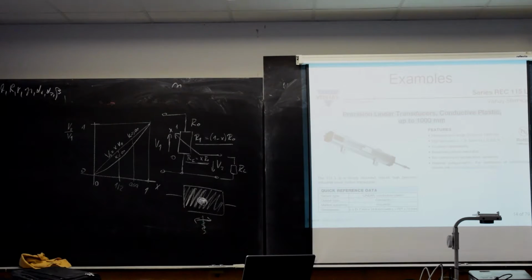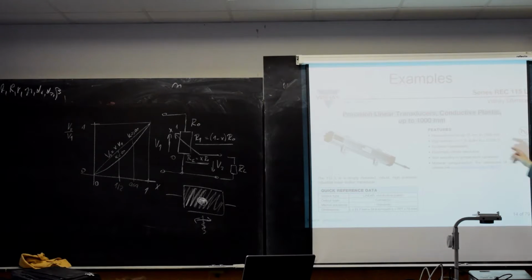So that's the sensor itself. It's attached to a frame, and this is the slider that is attached to some part that I want to sense the position. The output is three terminals, so I will connect that to a power supply and measure voltage. And this specific sensor has 5 kilo ohms resistance.